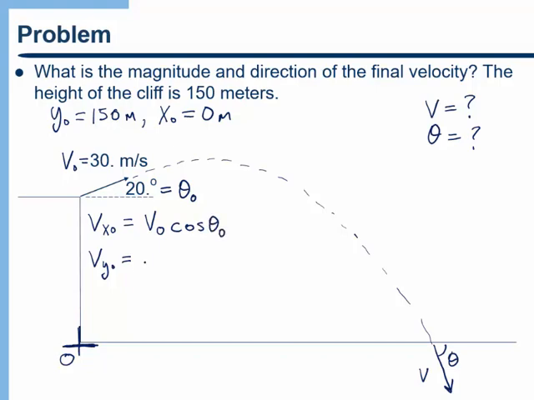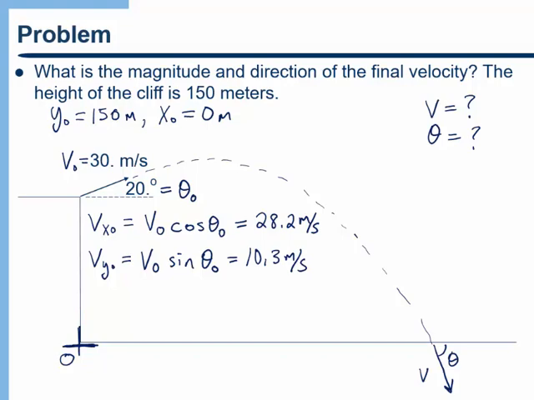In the same way, vy naught is v naught sine theta naught. If you plug in the values, and I'll just tell you the answer here, you can check me to make sure I'm right. What I got for vx naught was 28.2 meters per second. And what I got for vy naught was 10.3 meters per second. Notice that those values make sense because theta is less than 45 degrees. We know the x component should be bigger than the y component.